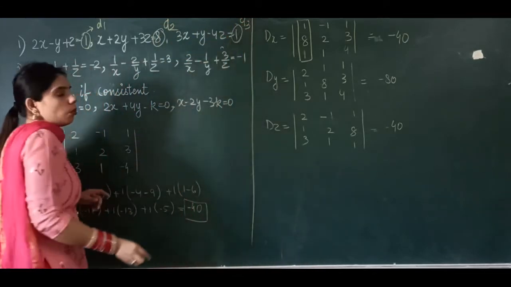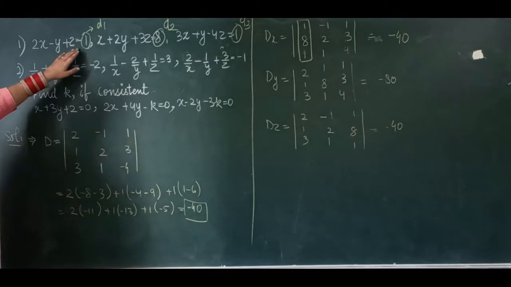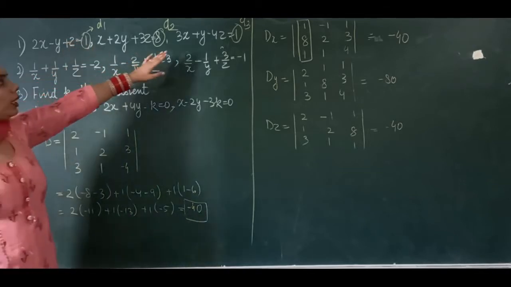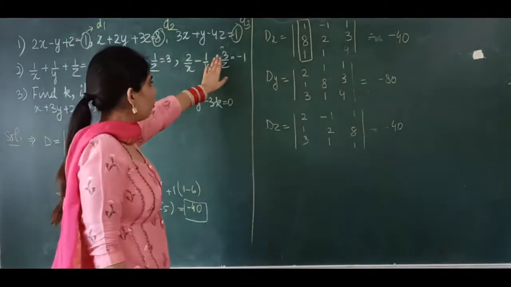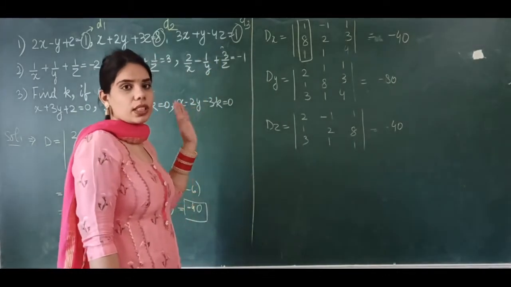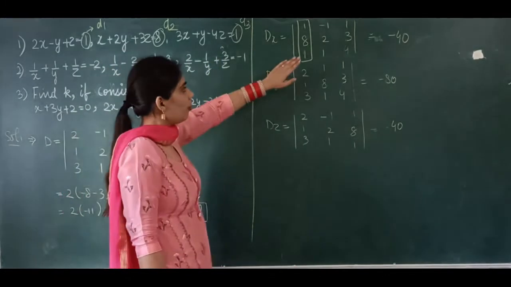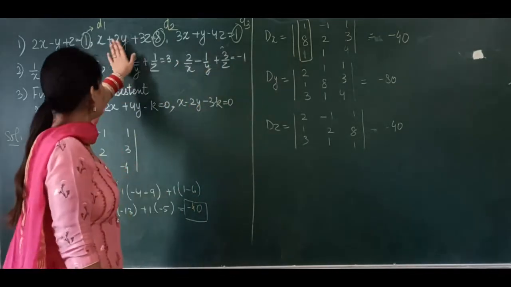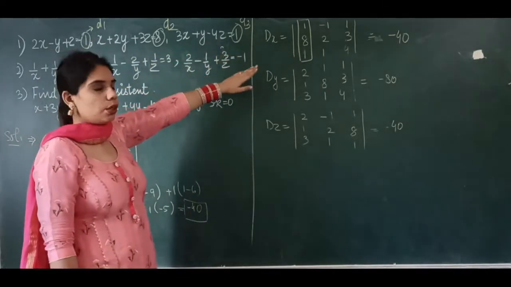One thing we have to notice is that d1, d2, d3 should be on the other side of the equal to sign, because then the positive and negative signs will flip. Then instead of the coefficients of x, I have put all the constants d1, d2, d3.